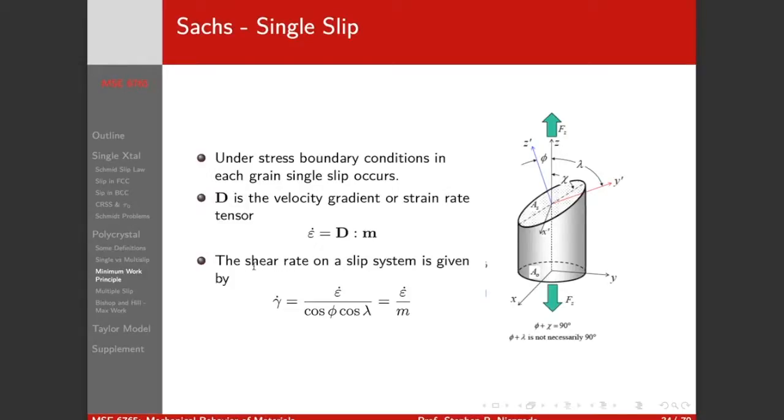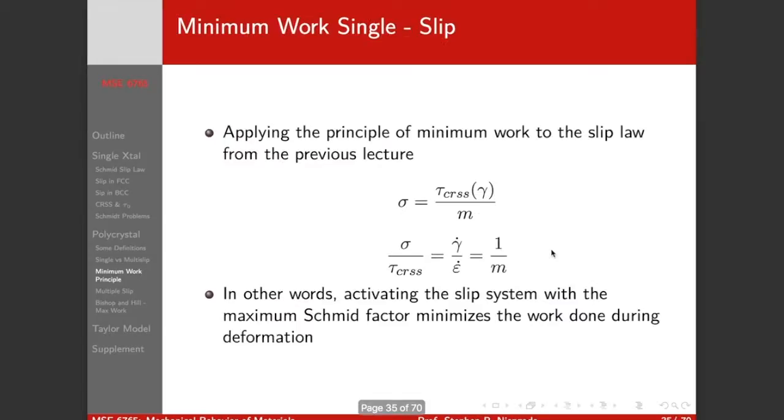So the shear rate on a slip system is just the projection onto the active slip system by our Schmid law. That's all this is. This is just simple Schmid law.